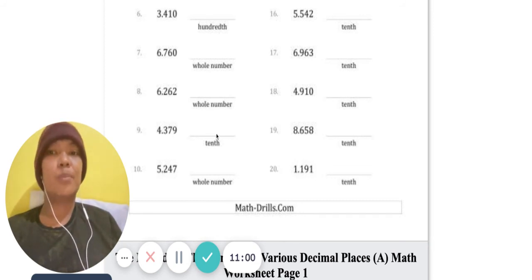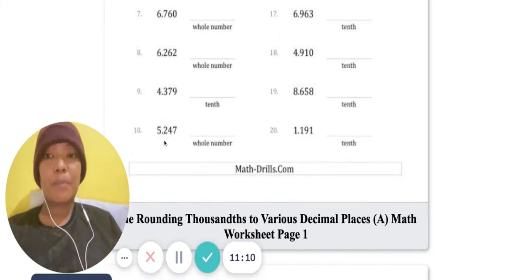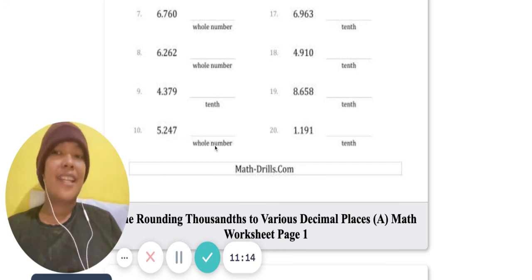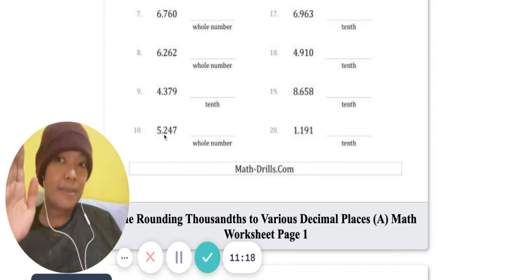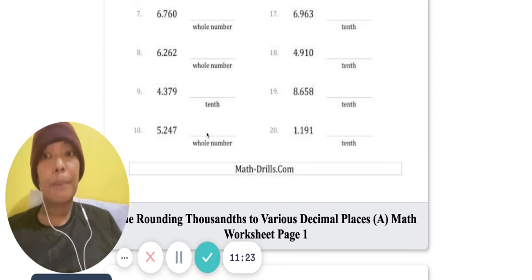So, your answer is 4.4 or 4.400. Kung gusto nyo hindi tanggalin yung 0, it doesn't matter. They are the same. Okay, last number natin is 5.247, whole number again. Saan nga ang tingin? Sa decimal point. Ano yung nasa kanan? 2. This is less than 5. So, you retain 5. Your answer is 5 or 5.000.